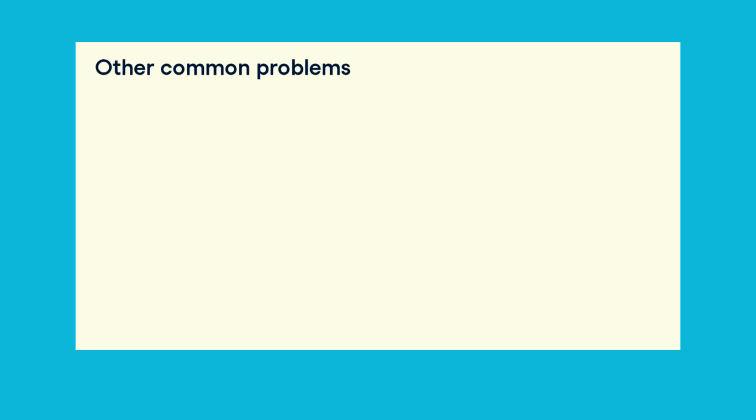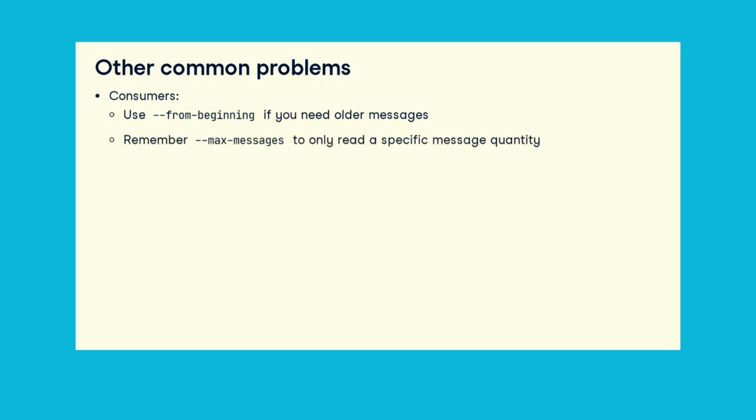There are other common problems you may run into while using Kafka, especially the command line tools. Make sure to use the from-beginning option if you need older messages, otherwise only new messages in the topic, since the consumer started, will be received. Also use max messages if you need to read a specific message quantity, otherwise the consumer script will never exit.